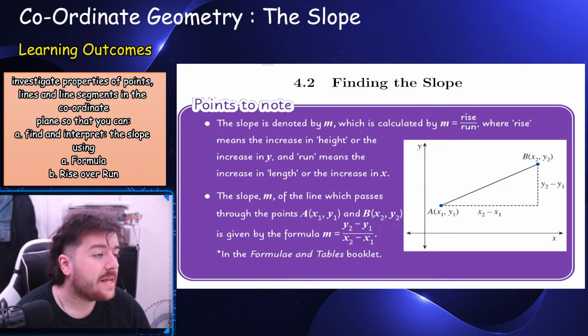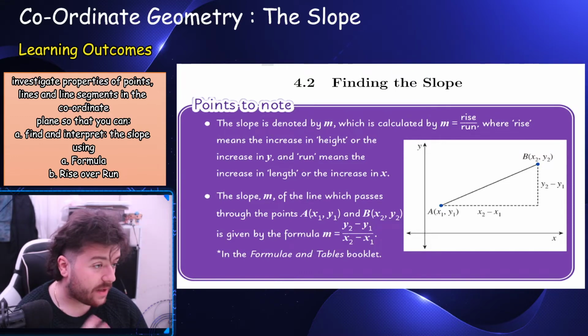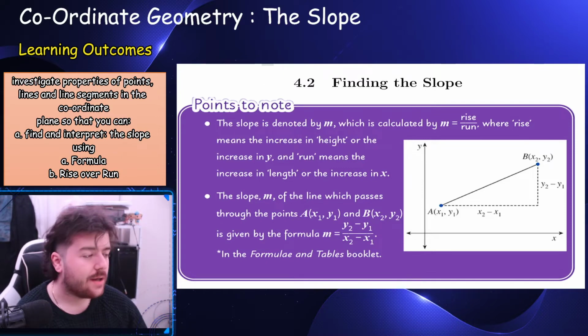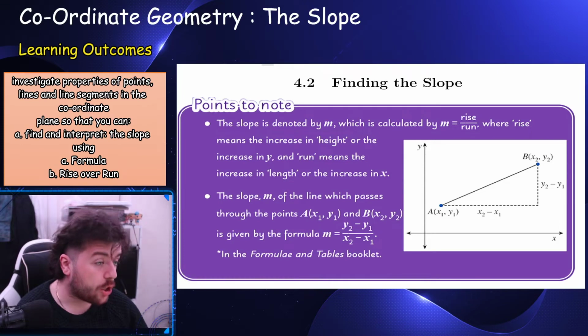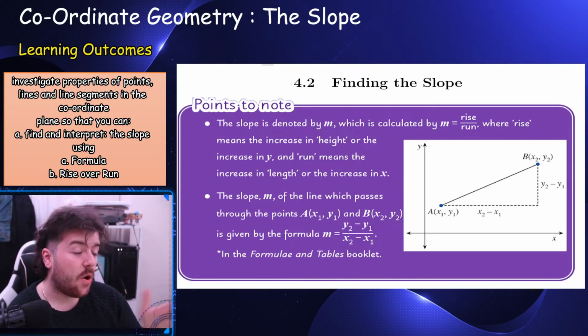So the slope is denoted by M, which is calculated by, we have two ways of calculating. It's the rise over run. The rise means the increase in height of my line, or the increase in the y coordinates, and run means the length, or the increase of my x coordinates.